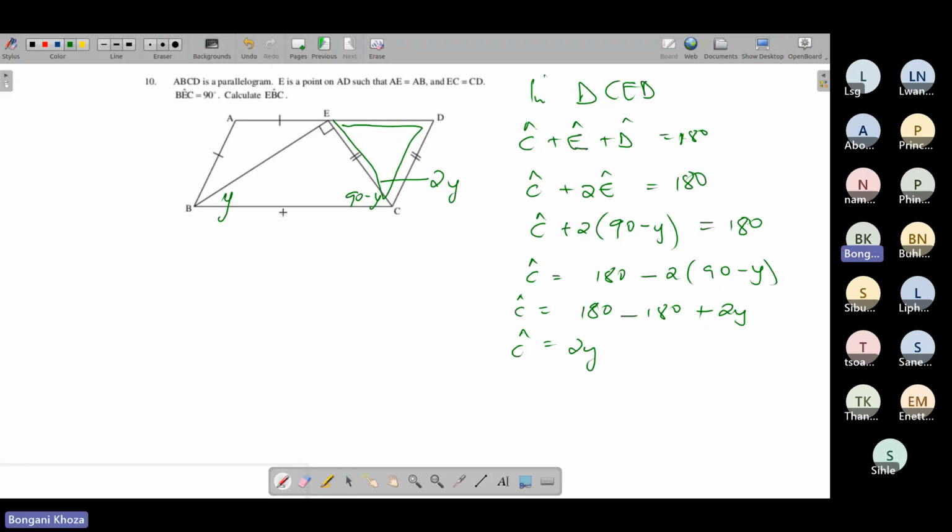All right, so let's check something else. In this triangle over here, ABE, or even before that, you see that we have a Z here. So that means this angle and that angle are equal, right?